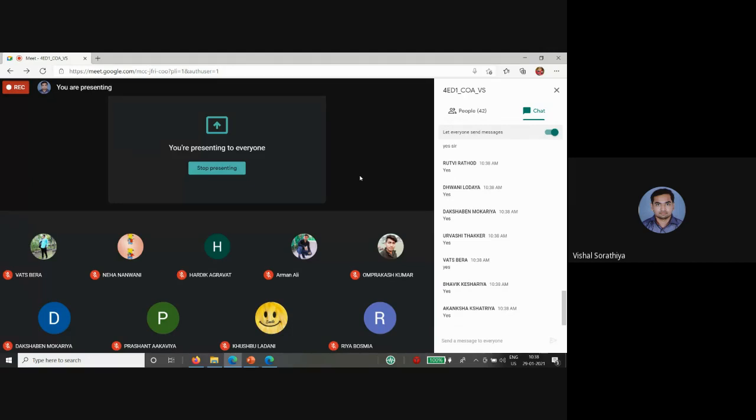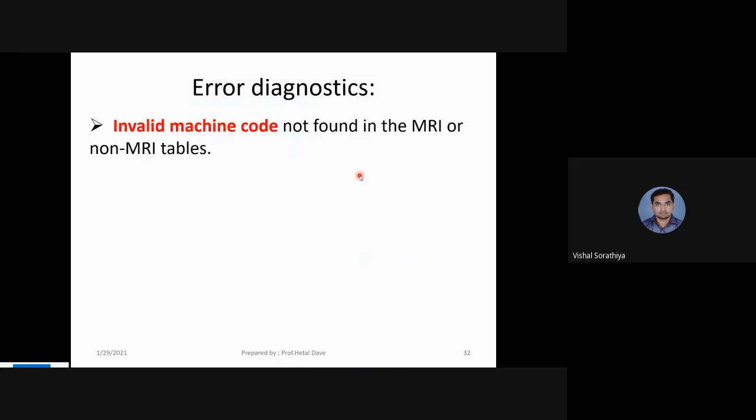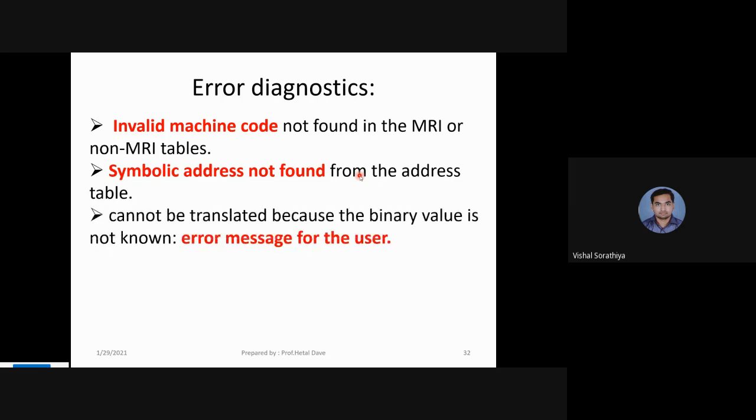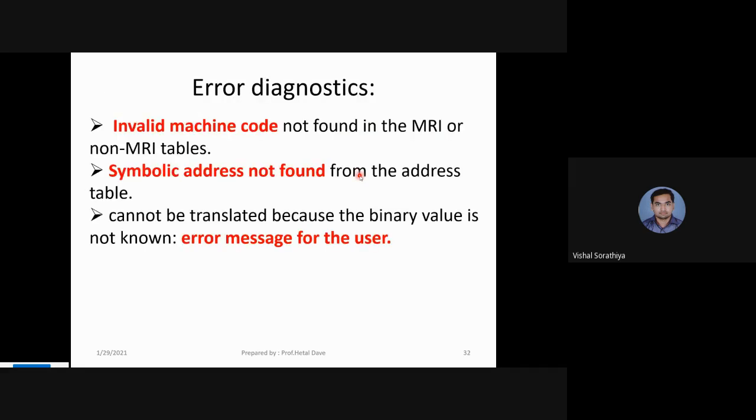Okay. So now what we are going to do, we will check the error diagnostics. If there is invalid machine code, symbolic address not found, error message for the users, such types of errors are going to be possible. As I said, if something is not available, it will generate an error.